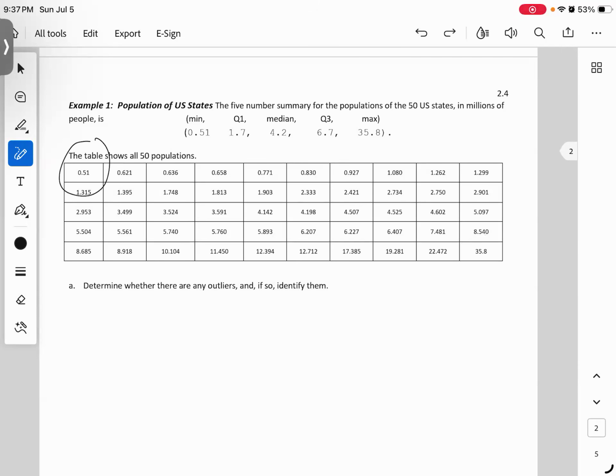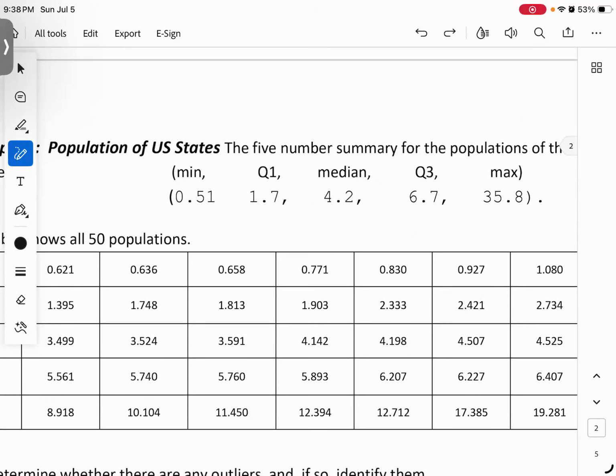What we're going to do with this example is see if any of these smaller states or any of these really large states over here are unusually small or unusually large that they should be deemed outliers.